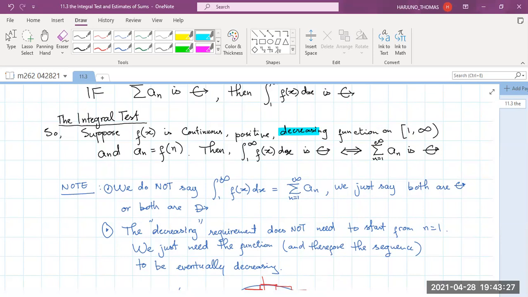No, it doesn't have to. Also, it doesn't have to be strictly positive at the beginning, as long as it is eventually decreasing and eventually positive, it's okay. But the continuity we cannot sacrifice. To be more precise, we don't need the function f(x) for the first couple terms. We just need a continuous, positive, decreasing function on some N to infinity. That's what we need.